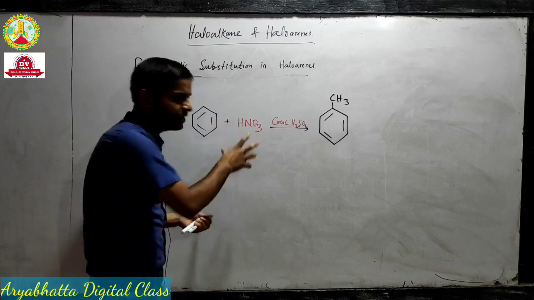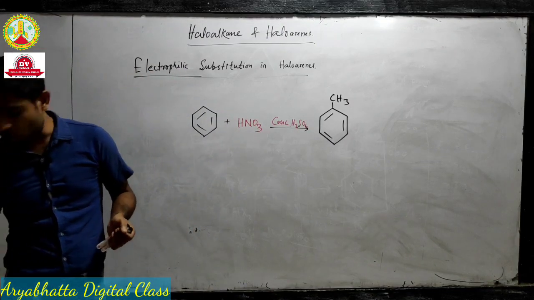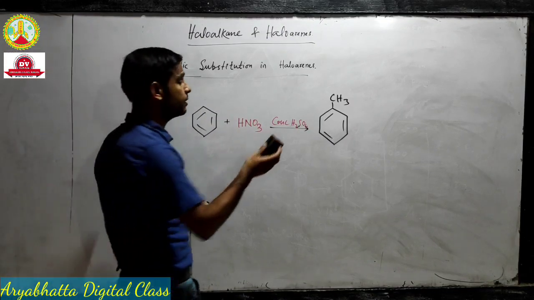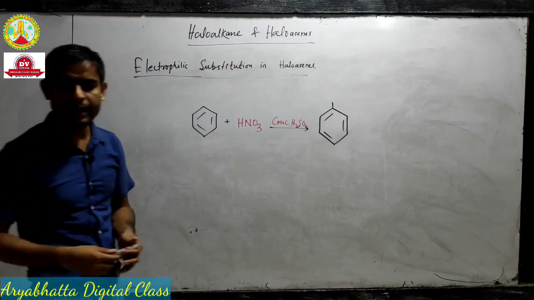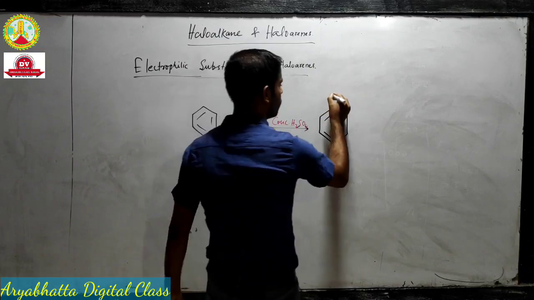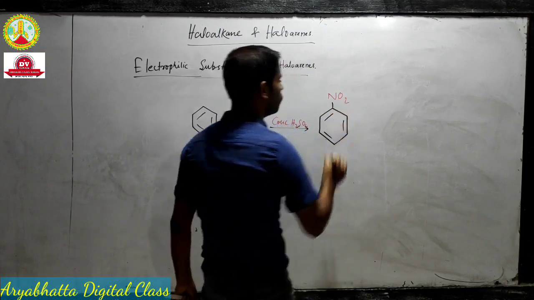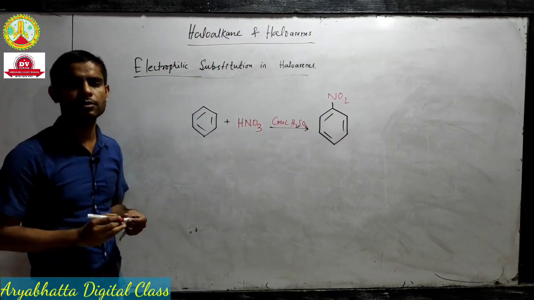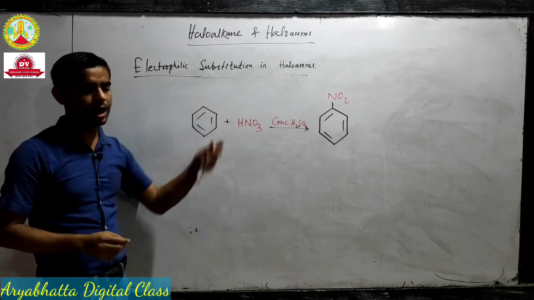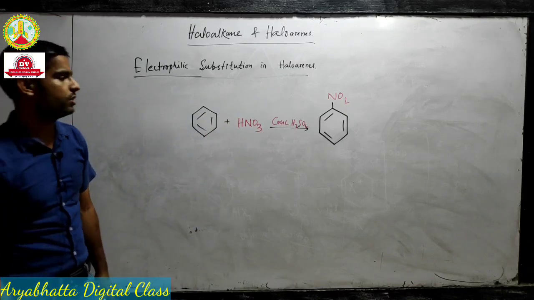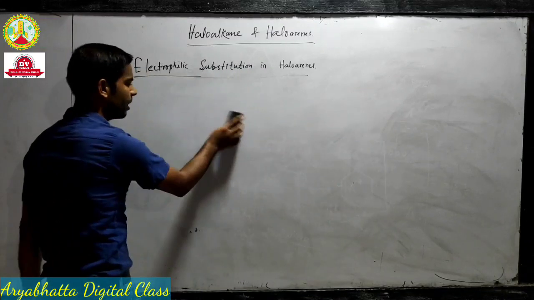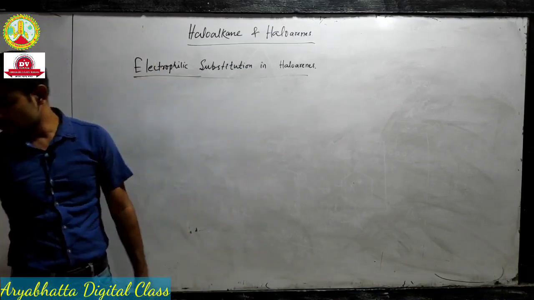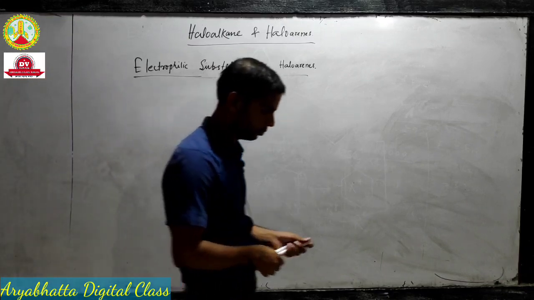When we use HNO3, we know that the electrophile is NO2. So we will get NO2 over here. This is our product. This is how you can use the list of reagents and electrophiles that I gave you. Now this was a simple case of electrophilic substitution.